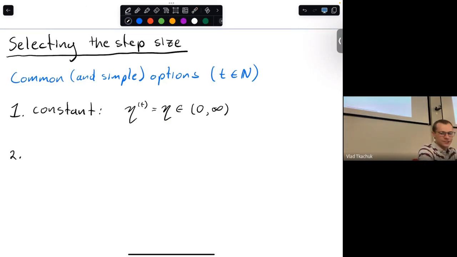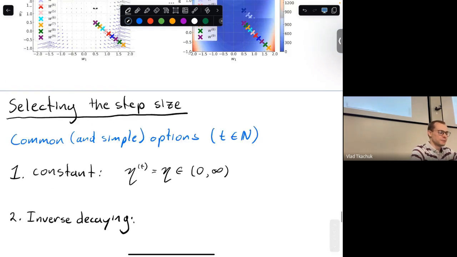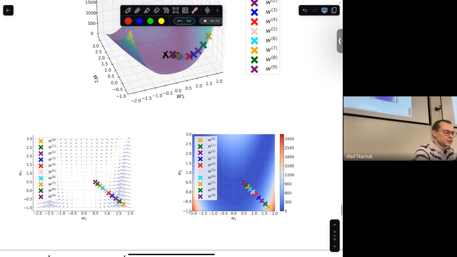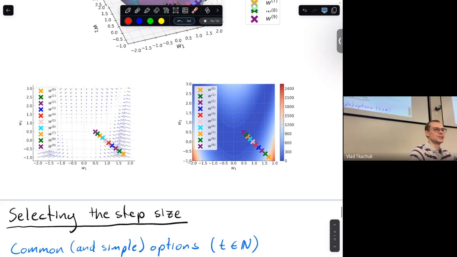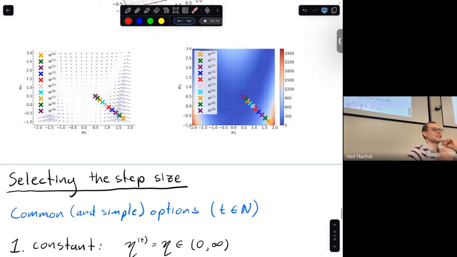The second one is a little more interesting, which is called the inverse decaying. There are probably other names. The idea is that as you're getting closer and closer to the point, you want to take smaller and smaller steps. That's really all it's doing. When you're getting closer to this lower point, you shouldn't be taking gigantic steps anymore because you're closer.